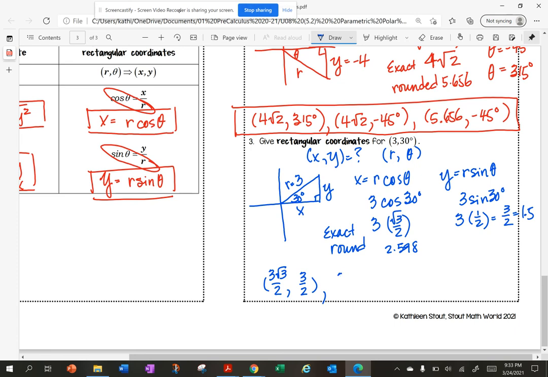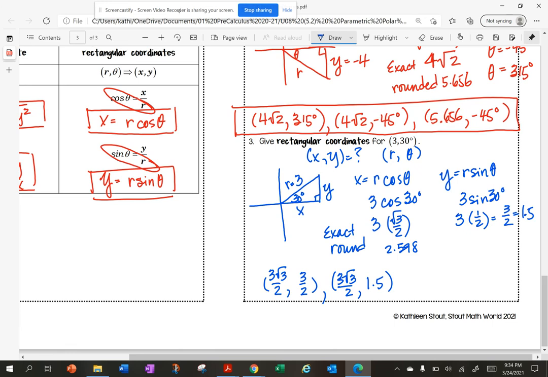I wrote square root of 3, I'm sorry, I had that right. 3 square roots of 3 divided by 2, 1.5.